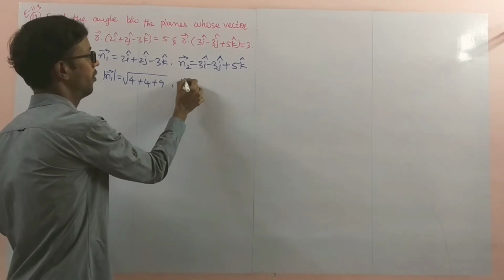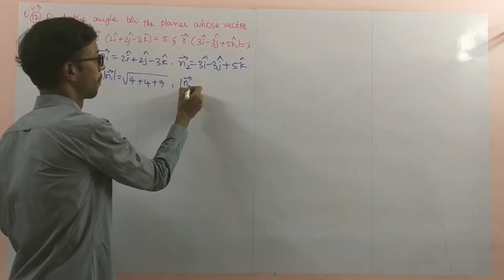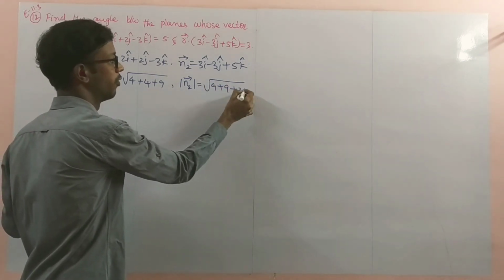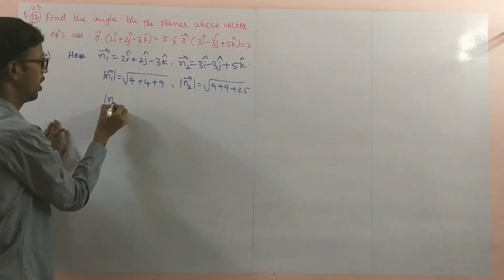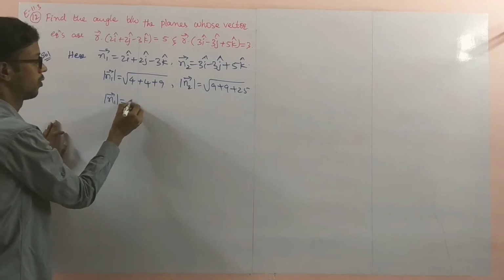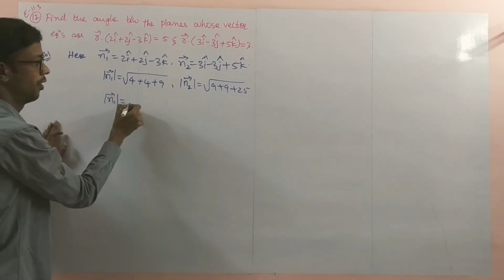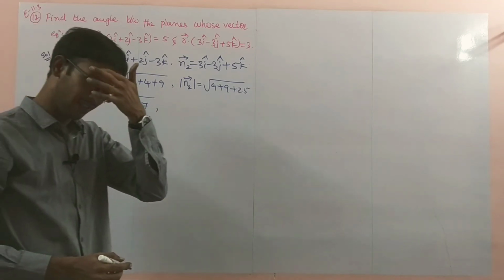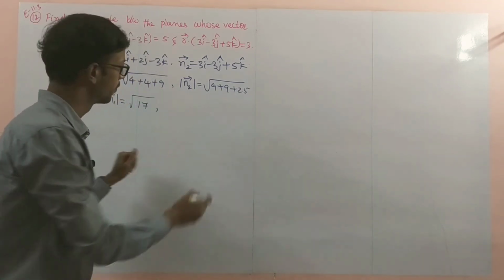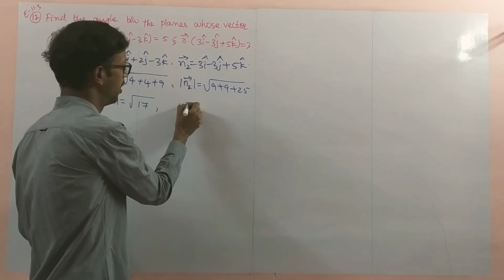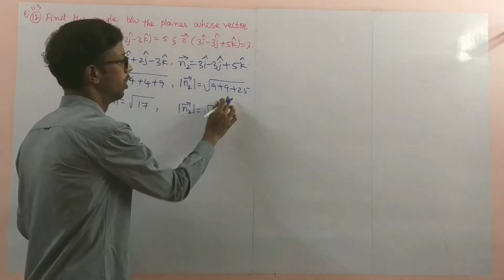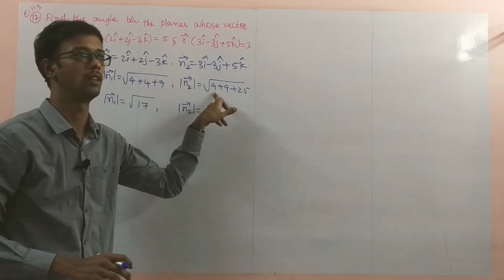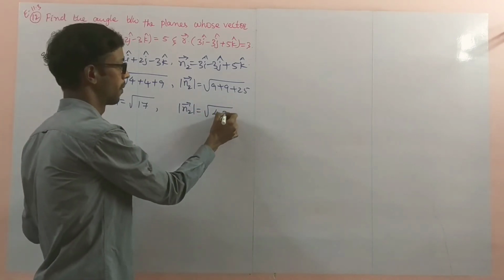And magnitude of n2 bar equal to 9 plus 9 plus 25. Magnitude of n1 bar is equal to square root of 17. Next one, magnitude of n2 bar is equal to square root of 43.